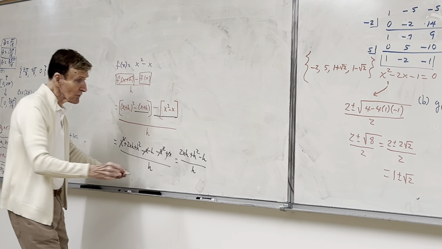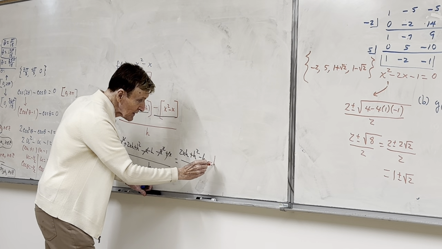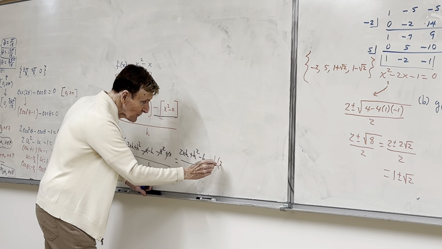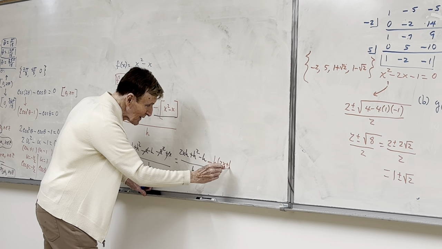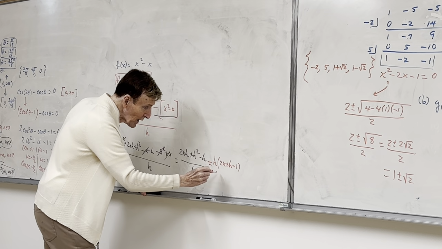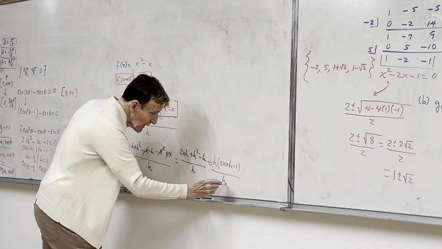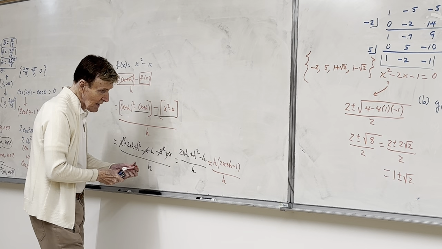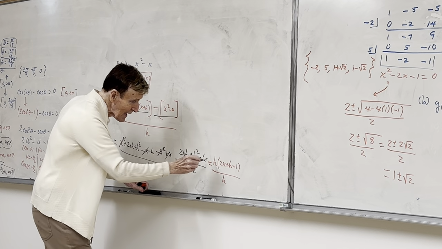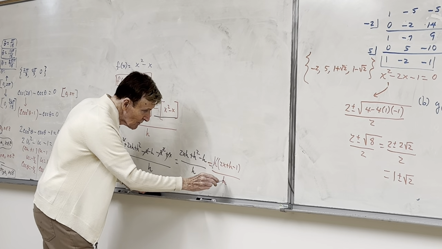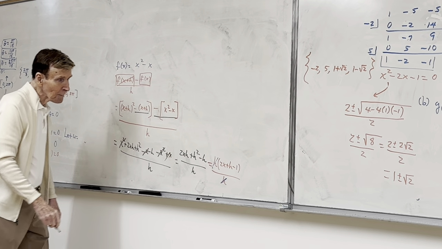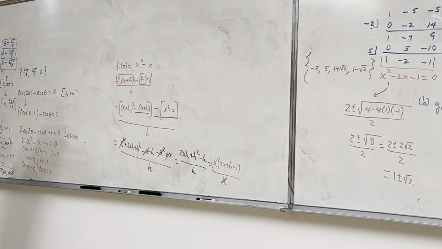There's a common factor of h in that numerator. If I take the h out, 2x plus h minus 1 all over h. And yes, finally, this happens. And 2x plus h minus 1 is your final answer.